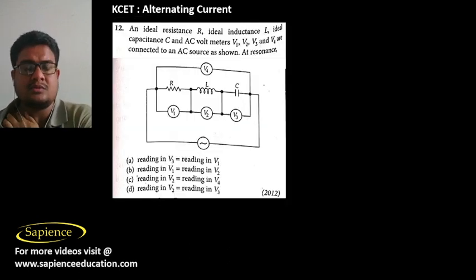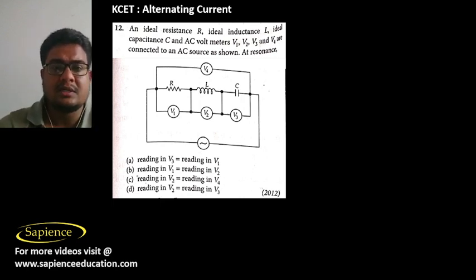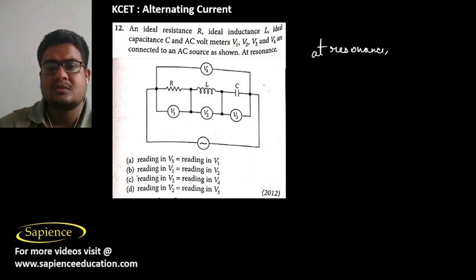Then question number 12, it is told an ideal resistance R, ideal inductance L, ideal capacitance C, and AC voltmeters V1, V2, V3, and V4 are connected to AC sources. At resonance, what will happen? So at resonance, the net voltage V4 will be equal to the square root of V1 square plus (V2 minus V3) whole square.